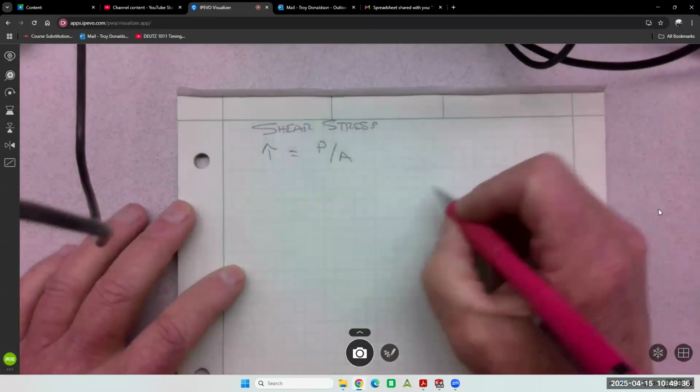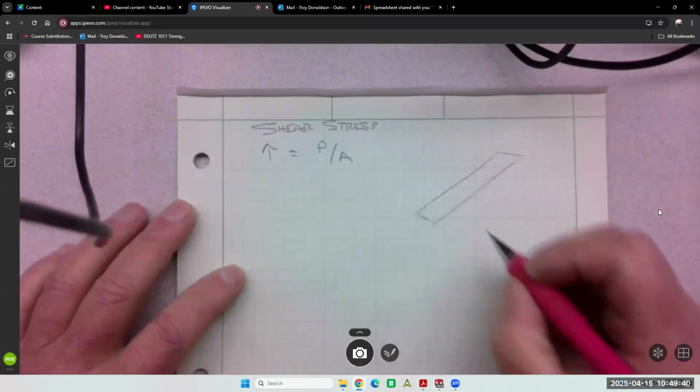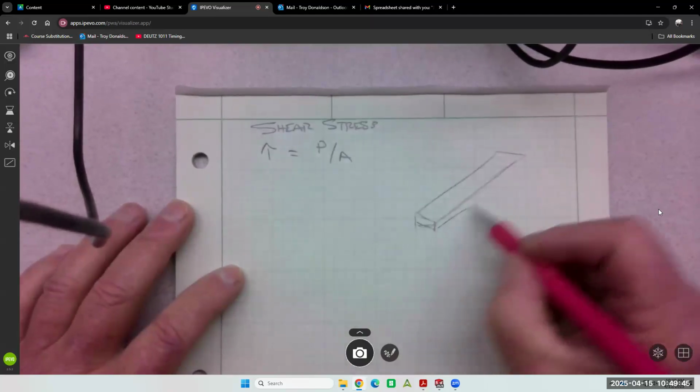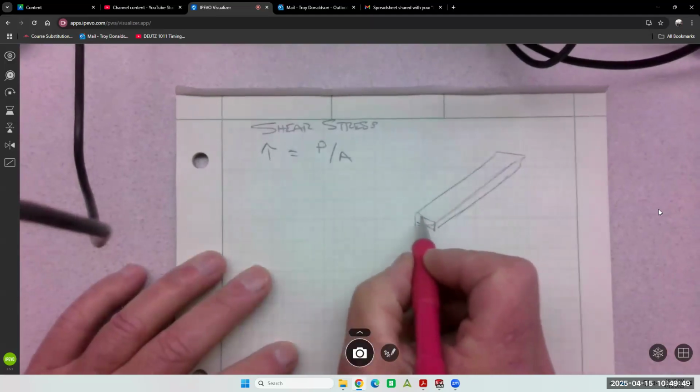So when we build, wood is kind of one of the easier things to think about. Maybe this is a wall and this is the bottom plate, and maybe it sits on a beam.